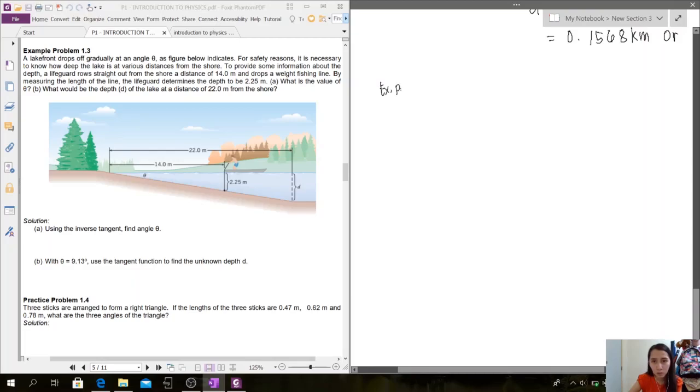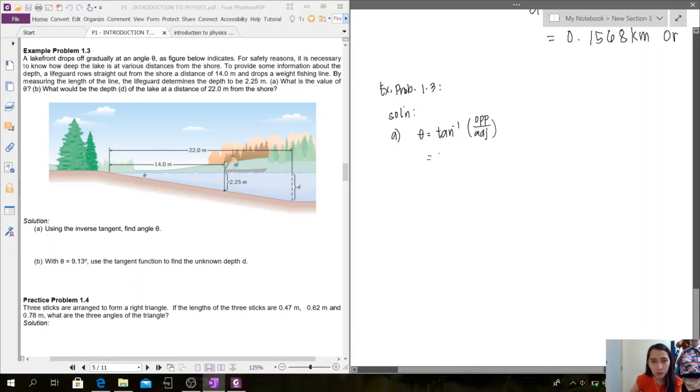Example problem 1.3, solution. Letter A. So, again, theta is equal to arctangent of opposite over adjacent.